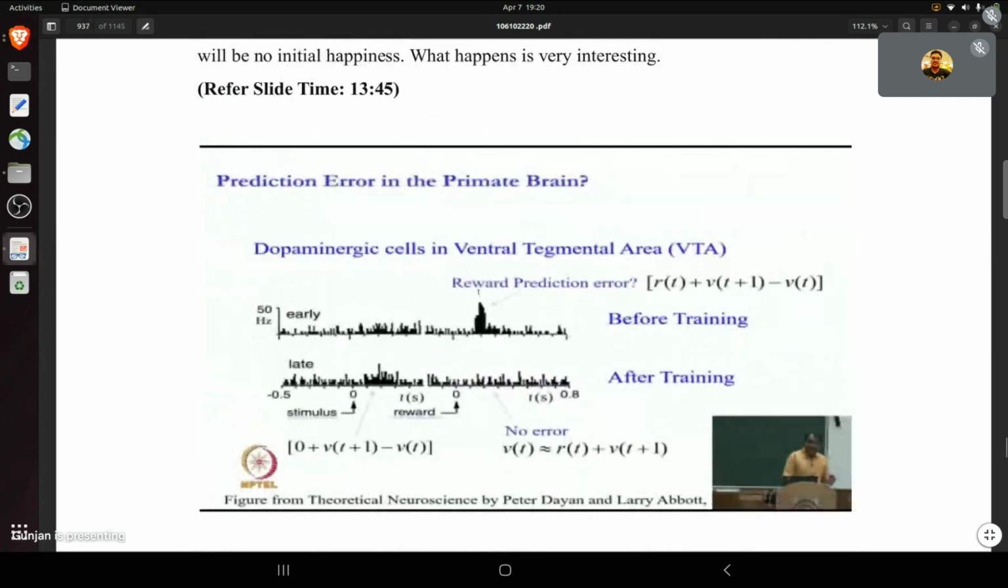It says reward prediction error, and here the unit is hertz, some frequency. Obviously, it is frequency. Actually, before training, what happens when the bell rings? There is no increase in the signal level before training.